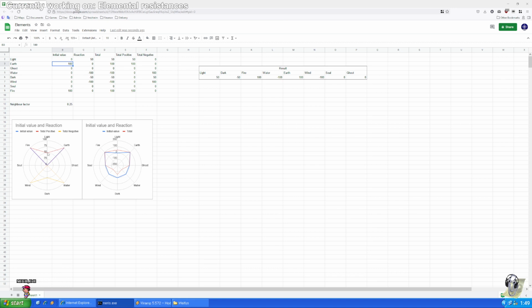As a result, I've got 50 light, both of them. Soul and ghost get negated. And I have wind and water negative 100 and negative 50. Okay.